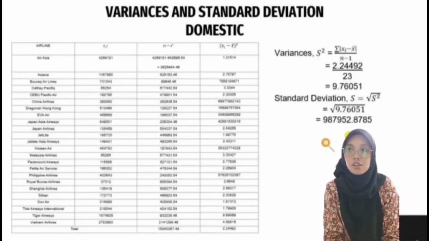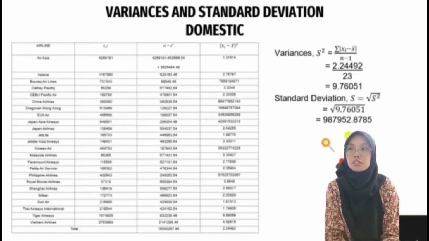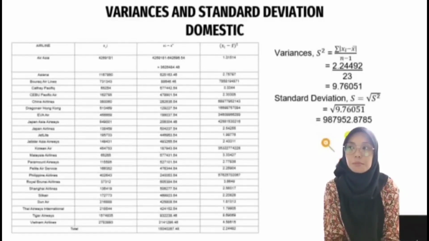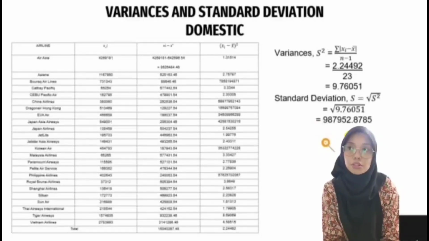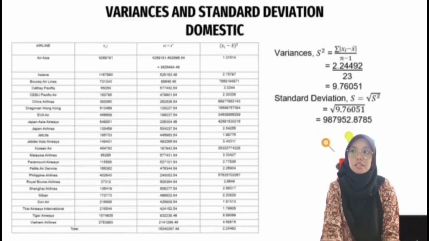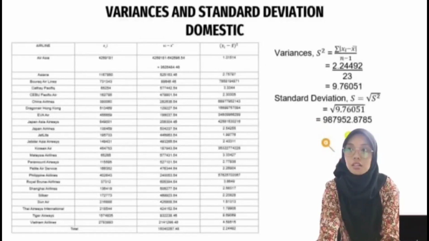To calculate variance, we square each distance from the mean, add them all together, and divide the sum by the number of data minus 1. The answer for domestic is 9.76051. After we get the variance, we can find the standard deviation by taking the square root of the variance. So the answer for domestic is 987,952.8785.